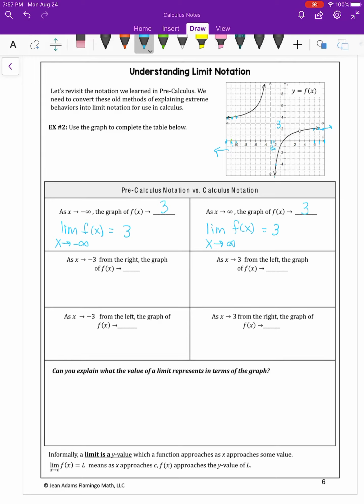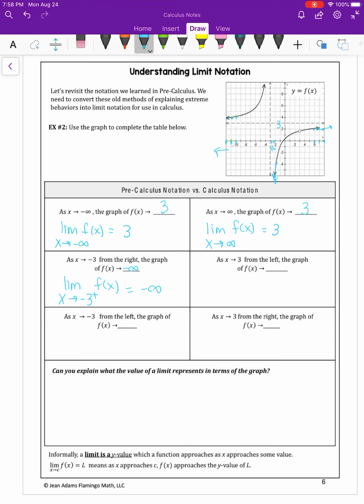I put this x value in, I get this y value. Do you see how my y values are going to -infinity here? So this is going to be -infinity. So it's going to be the limit as x approaches -3 from the right, and we'll put a little plus sign, of f of x equals -infinity.